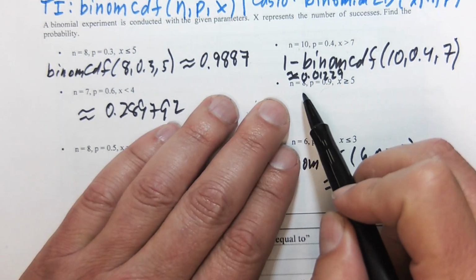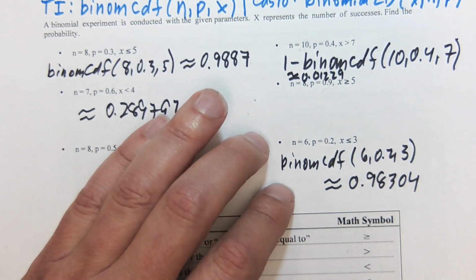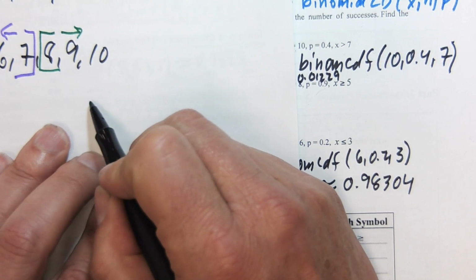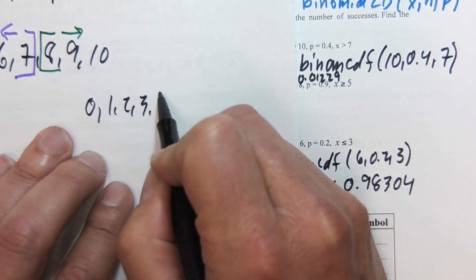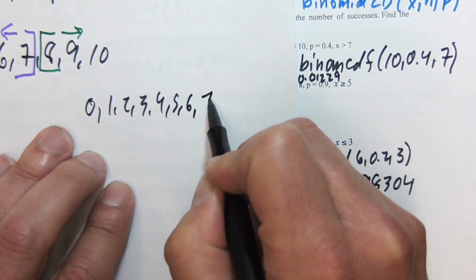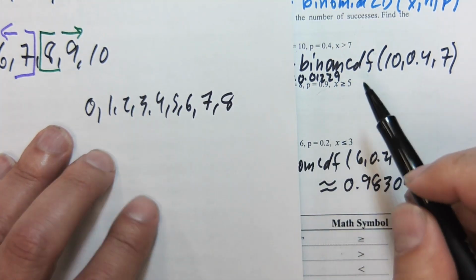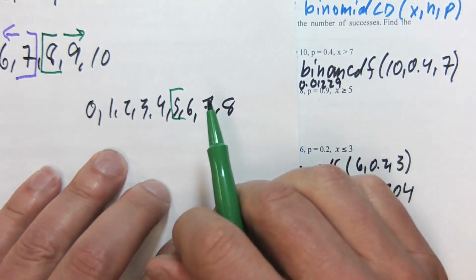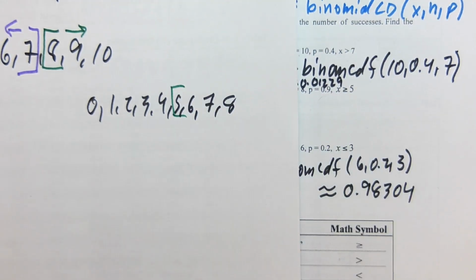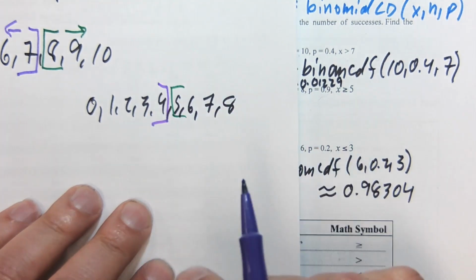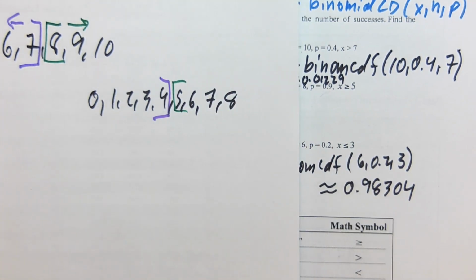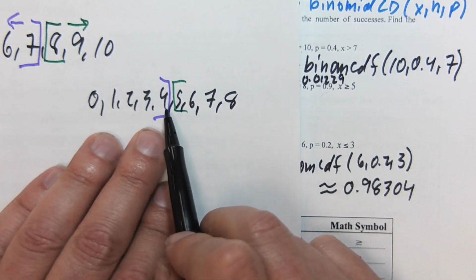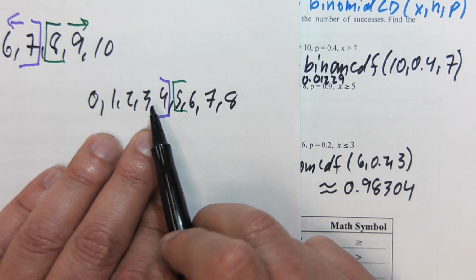I'm going to try this one. This is N is 8. Zero, 1, 2, 3, 4, 5, 6, 7, and 8. We want 5 and bigger, so what we're going to have to do is the 1 minus 4 and down. So again, in this case, because they included the 5 here with what they want, the opposite would be 4 and down.